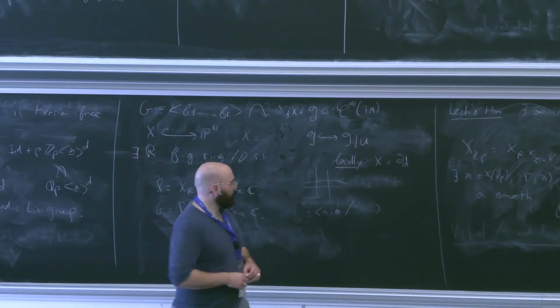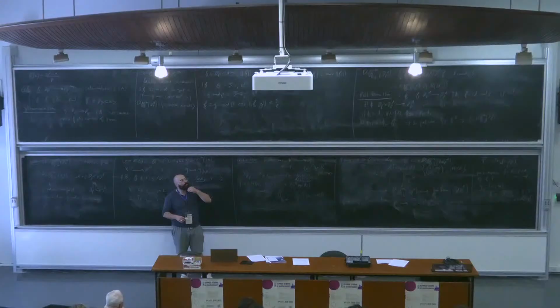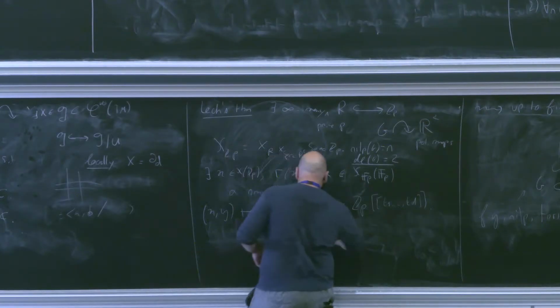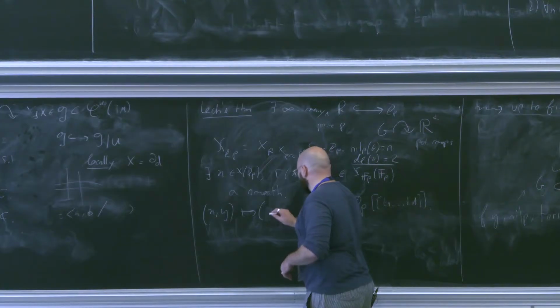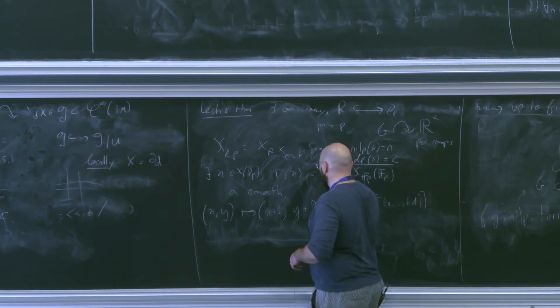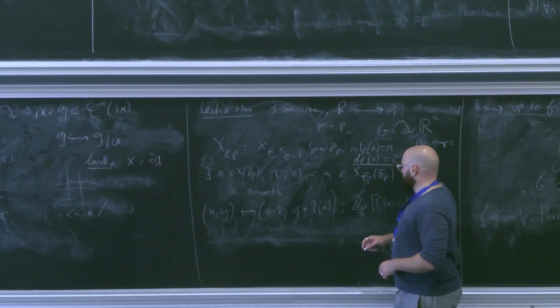That is correct. Wait, because you want a nilpotent group of large class. Yeah, you're right. So this goes to ax plus b, and then y plus, up to d.